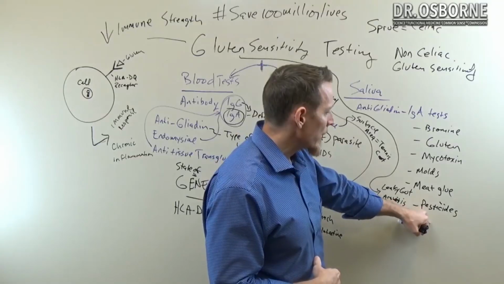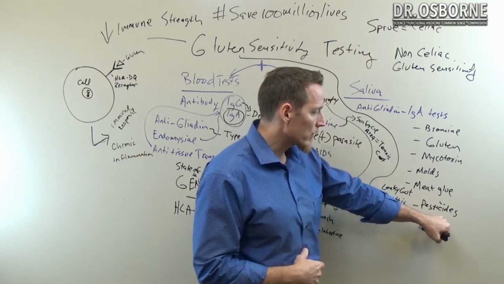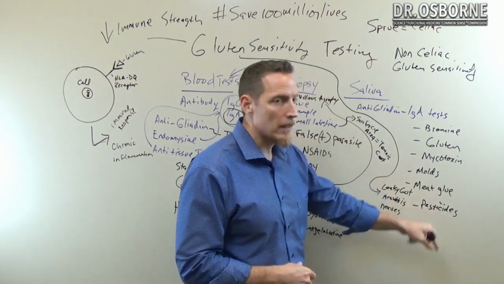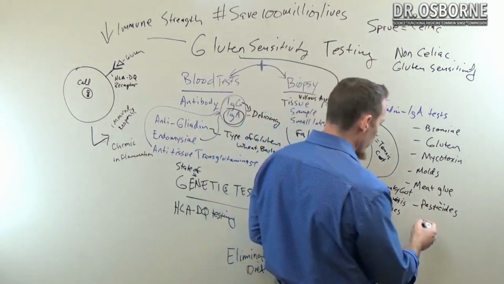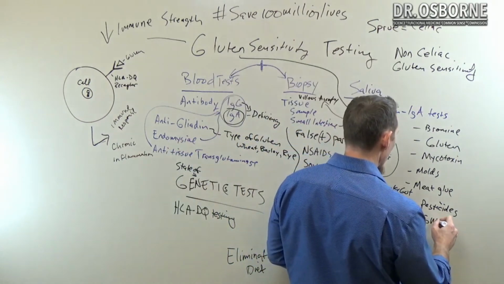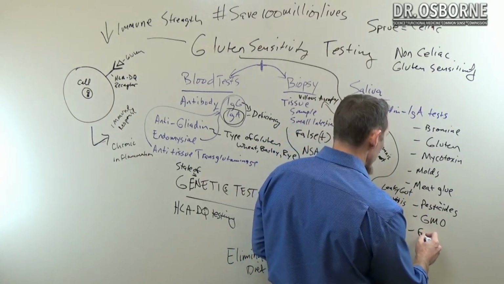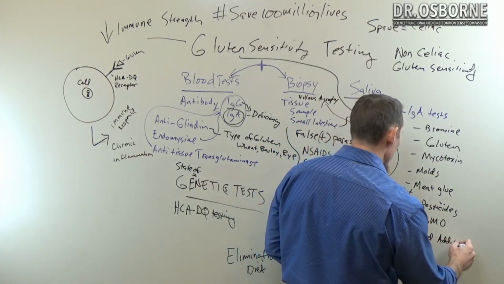And so pesticides like glyphosate and other forms of pesticide, when you're eating grain-based foods or gluten-based foods, oftentimes these will contain those as well. Some of your grain-based foods are GMO, genetically modified. So we've got GMO as an issue. And some of them have additional food additives or preservatives or dyes. And of course, cutting them out, you might feel better.